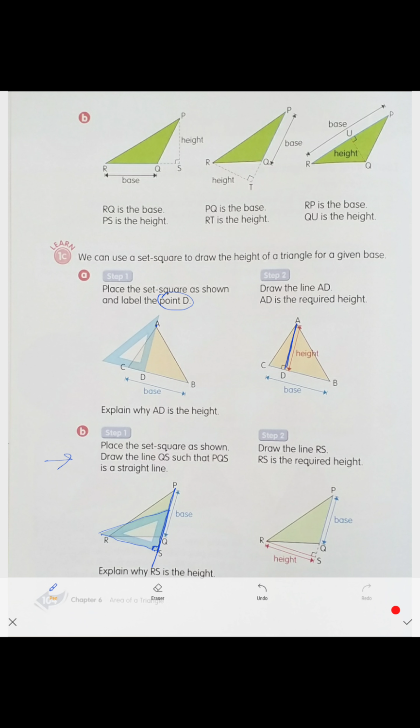When you remove it, the perpendicular line that you draw will be the height. Pretty straightforward. This gives you the main idea of what a base is. Any side can be a base, and the height is formed by making a perpendicular line to the base.